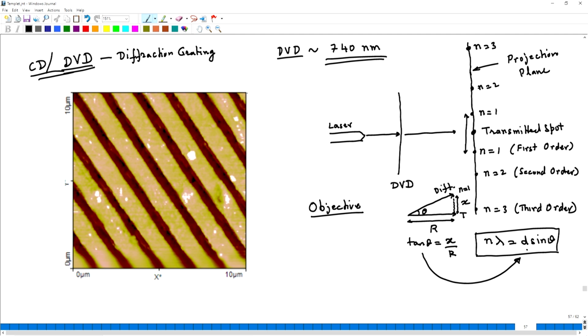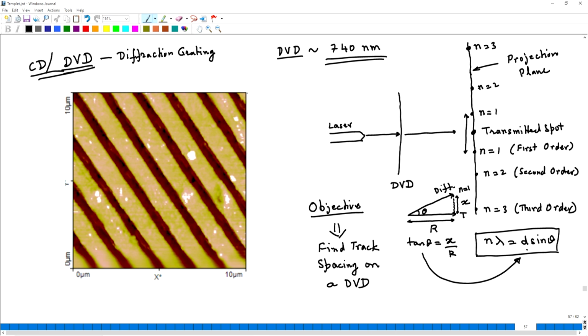So, my objective is to find the track spacing on a DVD. Now, let us quickly have a look at the experiment and make these measurements, and once I have these measurements, I can calculate theta, put it in the diffraction condition and find out the track spacing.